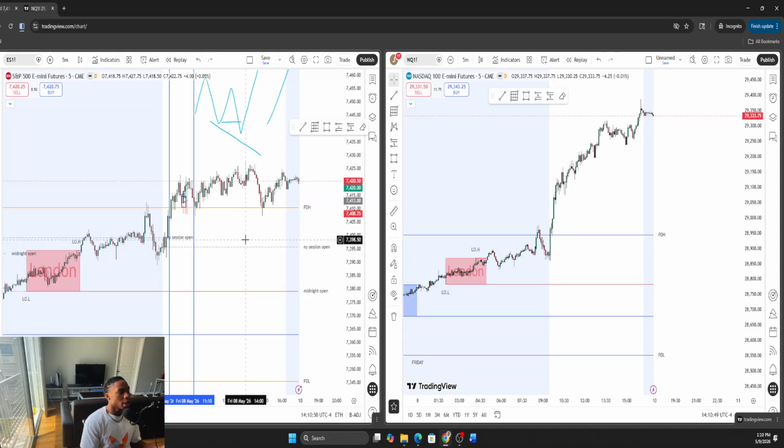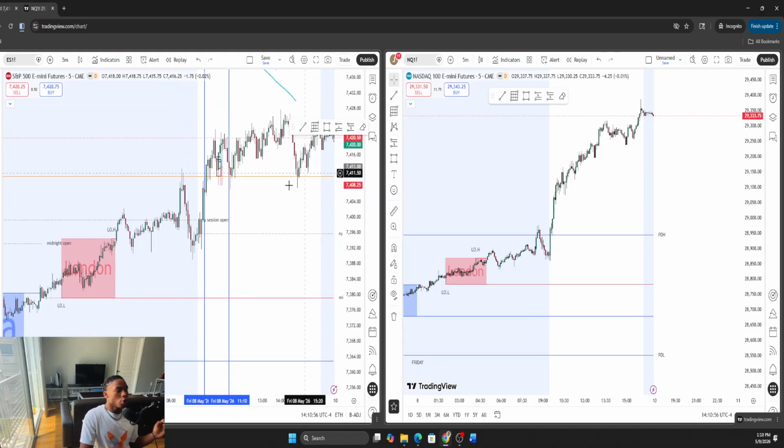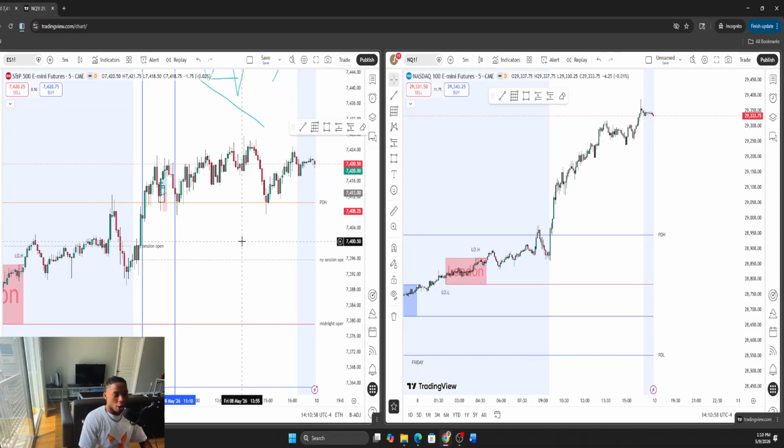If we hit session liquidity and we don't have either a Judas swing or a high time frame gap, I call that a reset, which means you can assume we no longer have any form of direction, whether one you've seen before or one you missed. Either way, once you hit a session liquidity and you don't have a high time frame gap or a Judas swing, it's going to count as a reset.